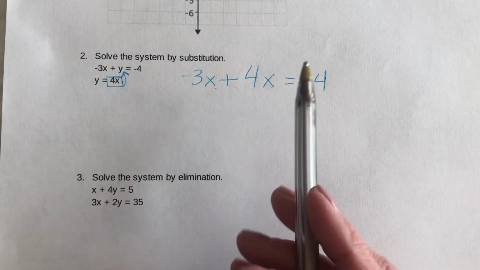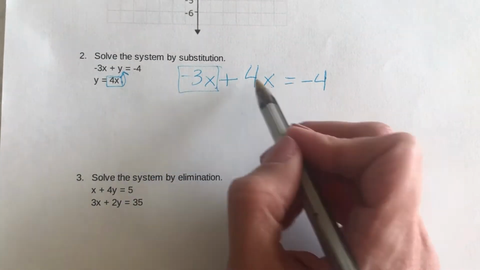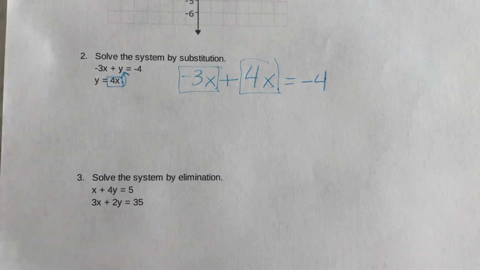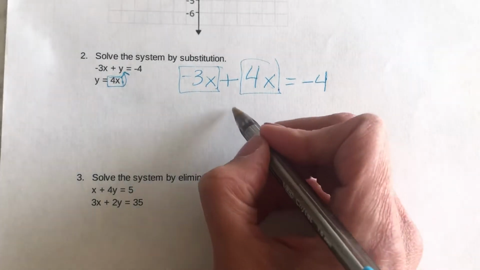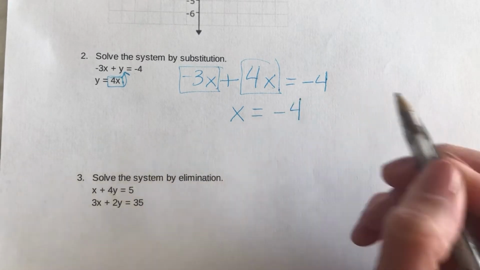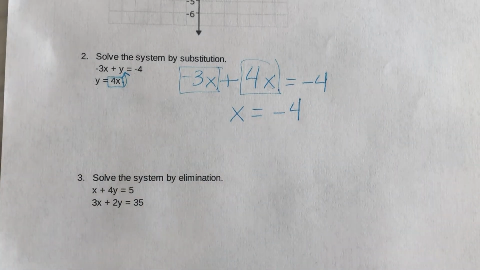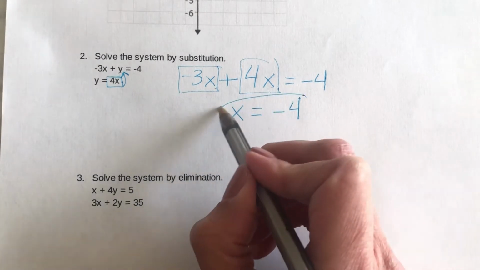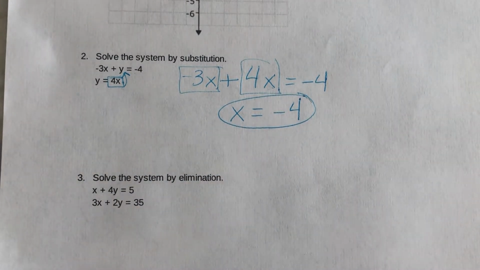So I can combine my like terms. Negative 3x plus 4x gives me 1x, positive 1x, or just x. And then bring down the rest, equals negative 4. So we see that x equals negative 4. Now we just need to find y.